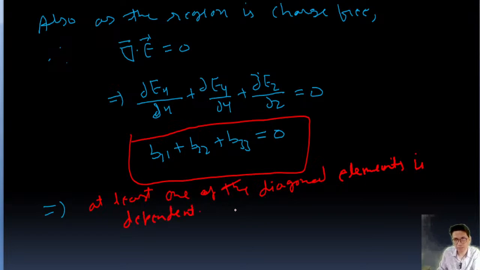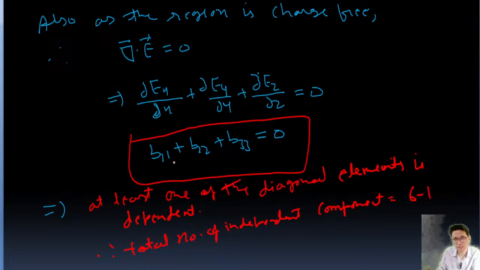So the total number of independent components is 6 minus 1, because 1 will be dependent due to the condition that the diagonal element sum is 0. That is 5. Okay, 5 is the answer.